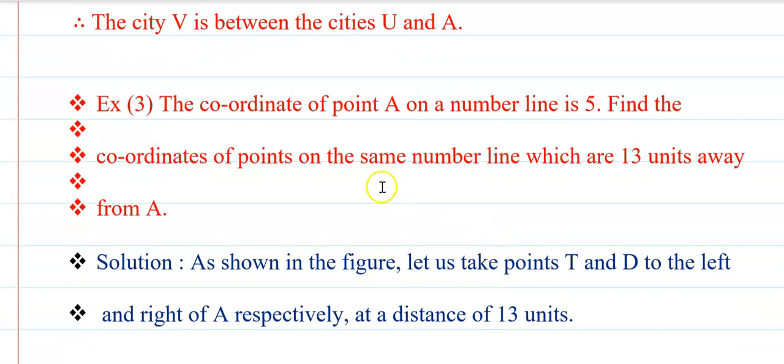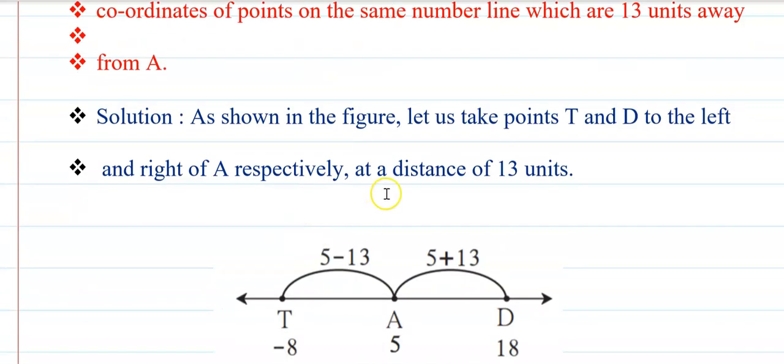The coordinate of the point A on a number line is 5. Find the coordinate of the point on the same number line which is 13 units away from the point A. Now here we have two possibilities. Here is point A, and at a distance of 13 units, it can be to the right hand side and to the left hand side.